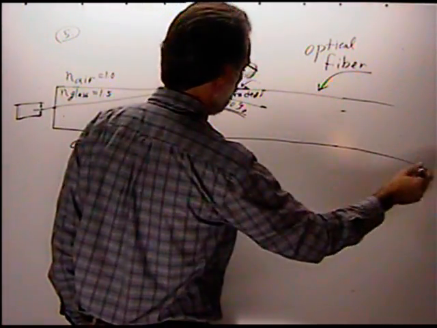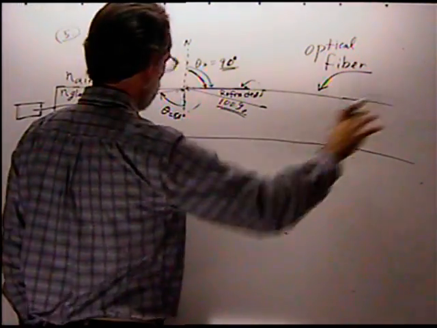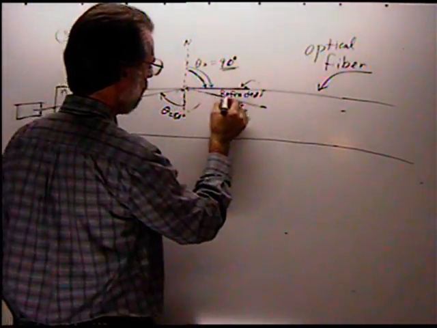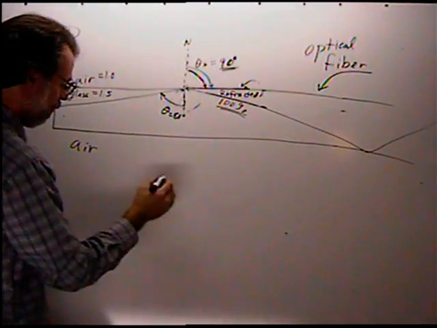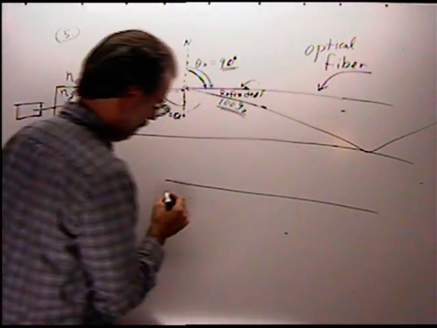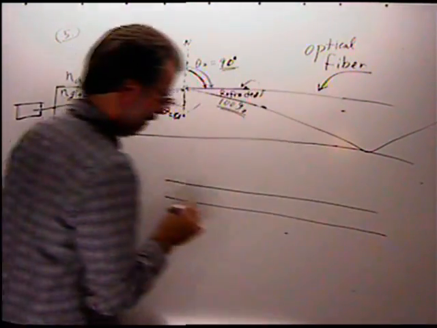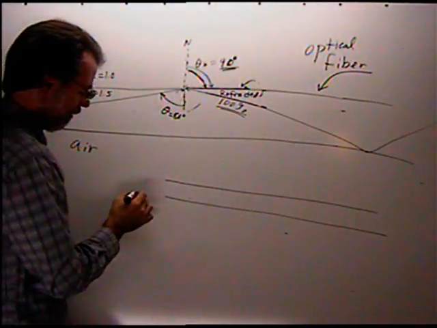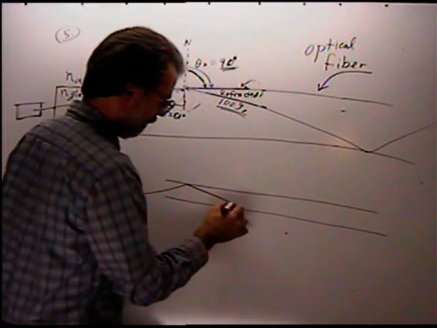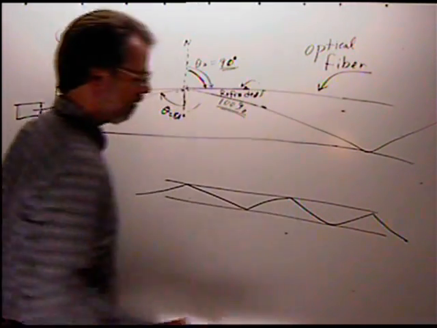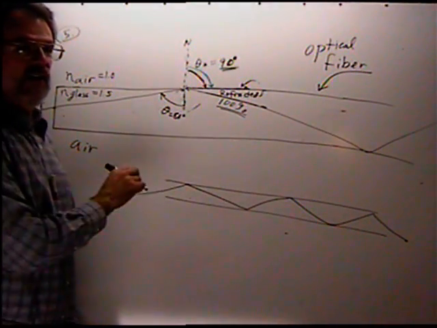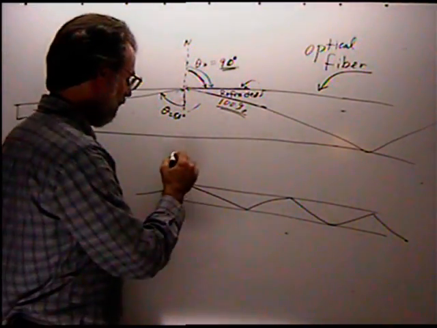And so what we have, if we have a thin pipe, is the energy just bounces from side to side like this. And if I could do another diagram of an optical fiber, the light comes in and it simply bounces and bounces and bounces, and that's exactly how light travels down a fiber optic. We call it the waveguide.